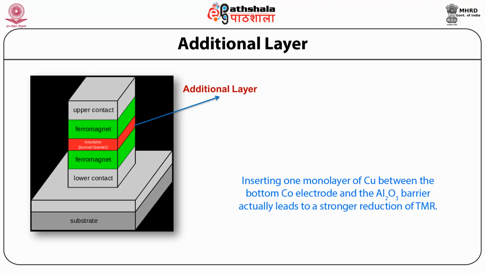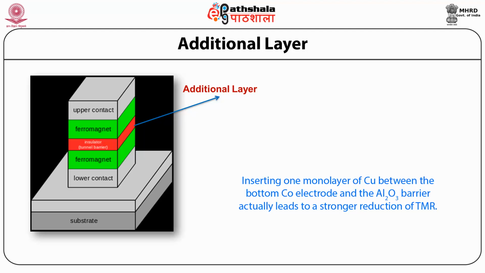They explain that majority electrons tunneling from NiFe into cobalt would transmit easily as compared to minority electrons, which have a higher probability to be reflected at the copper cobalt interface.